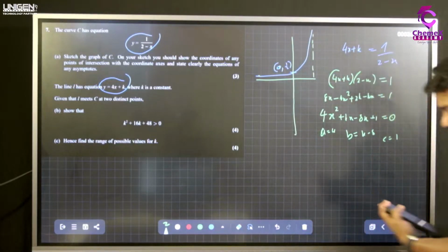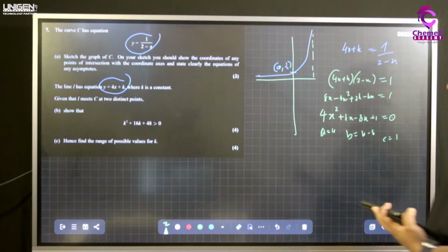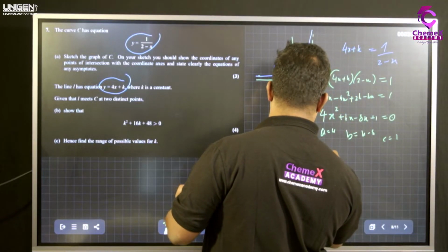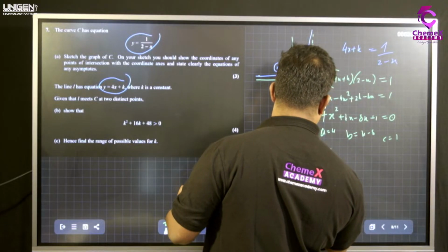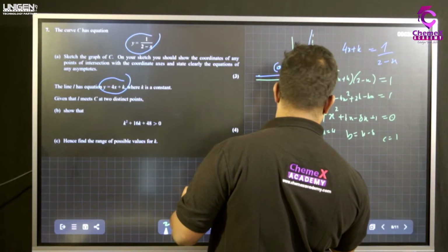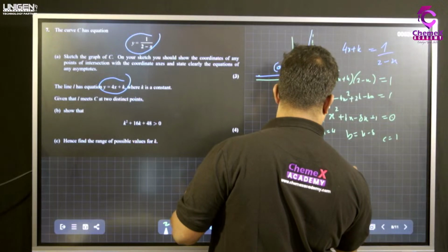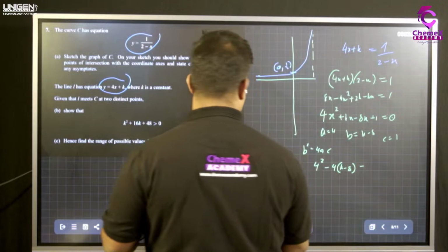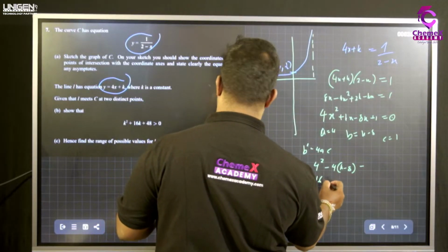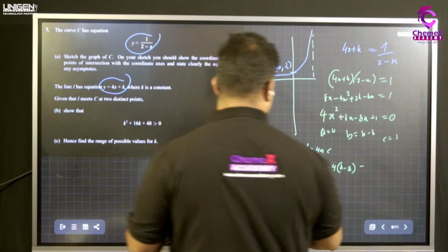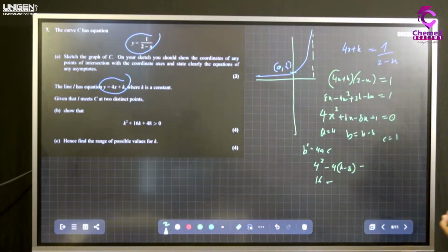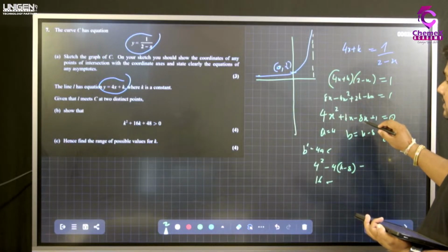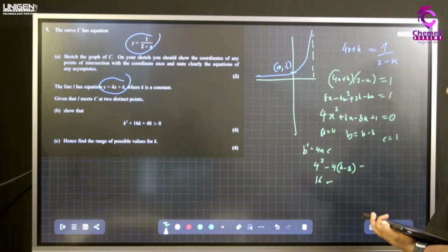So a is equal to 4, b is equal to k minus 8, c is equal to 1. So what can you say? They are asking, show that. So b squared minus 4ac. So what is that? 4 squared minus 4 times k minus 8. So it's going to be 16 minus what? We just did. So 16 minus what?